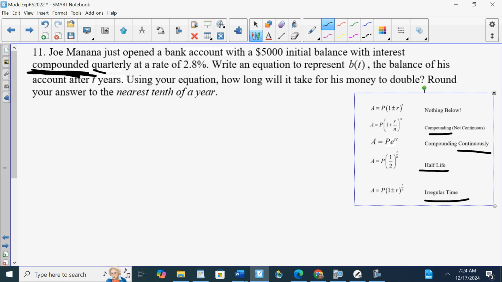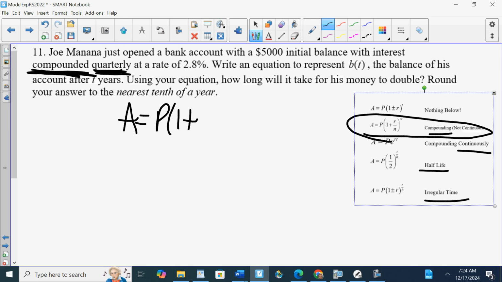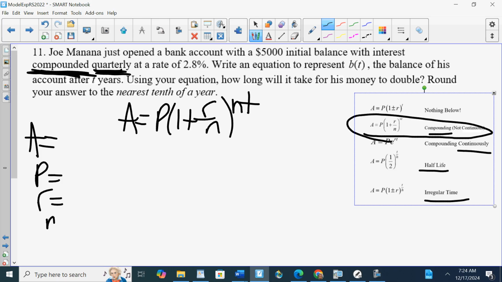Does it say continuously? No. Compounded, not continuously, so the formula is A equals P times 1 plus R over N to the power NT, compounding, PERT for continuous. I list my variables. A $5,000 initial balance, that's P.